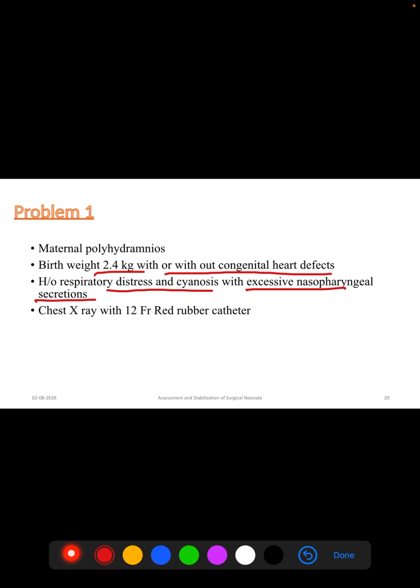Whenever this is there, we have to suspect that this child can have esophageal atresia with tracheoesophageal fistula. So we have to do proper suctioning, head up, 45-degree positioning of the baby, and also a chest x-ray with a 10 or 12 French red rubber catheter to assess whether there is an EATF or not.